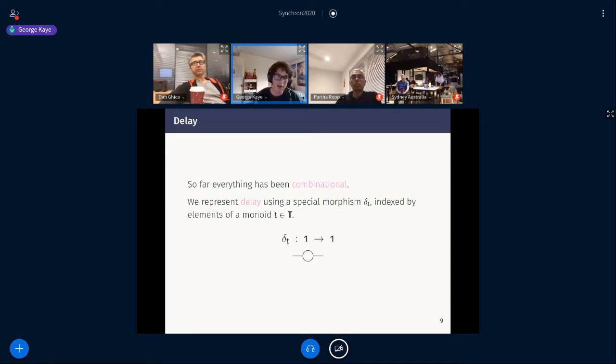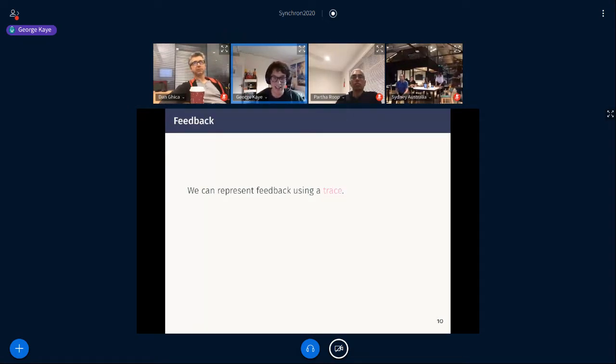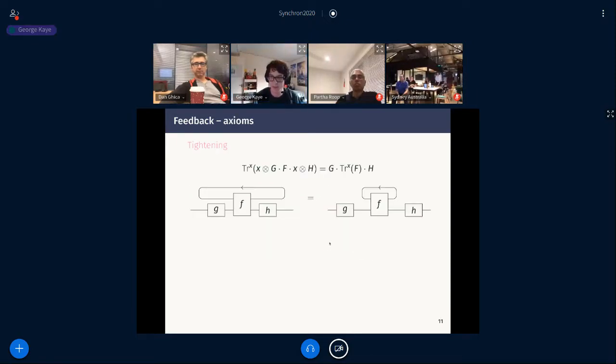And the other element we might want to put in is feedback, and that's using a trace, which is the traced part of this symmetric traced monoidal category. All this means is that we take the output of a box, a circuit, we loop it around, and we connect it back to the input. This also has some more structural axioms to make sure everything's well behaved.